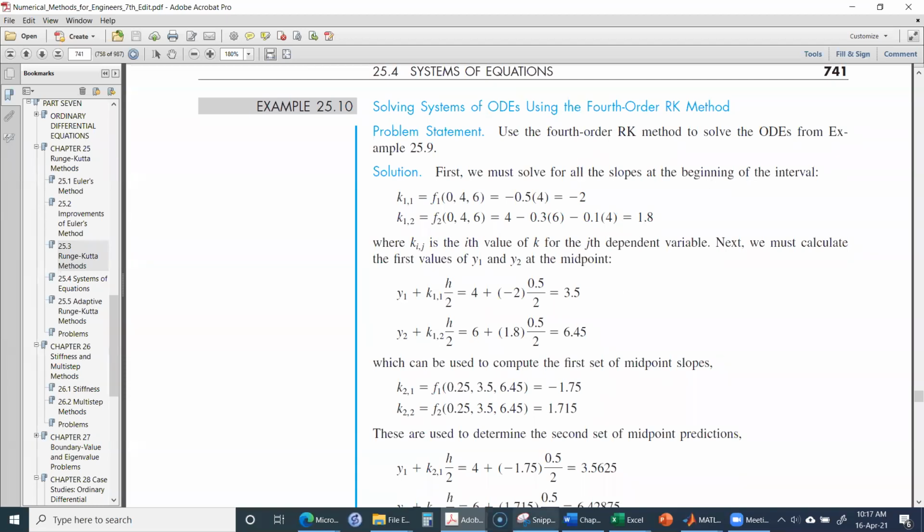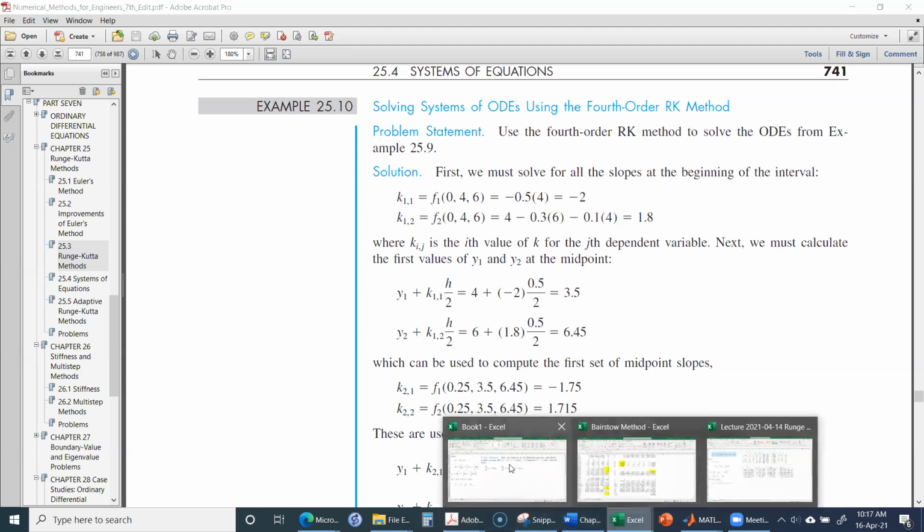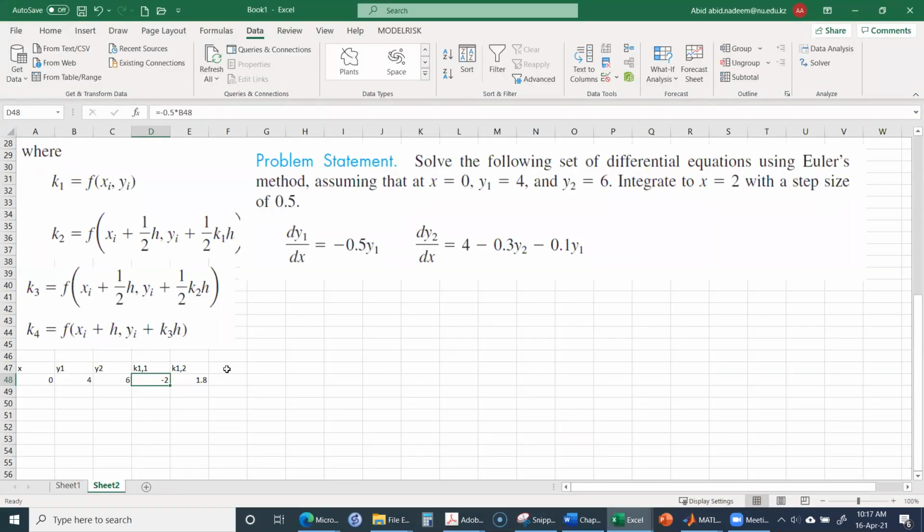These values we will use to find K2 of 1 and K2 of 2. But for this, we need to first update the values of x1 and y1. So we go back to Excel.